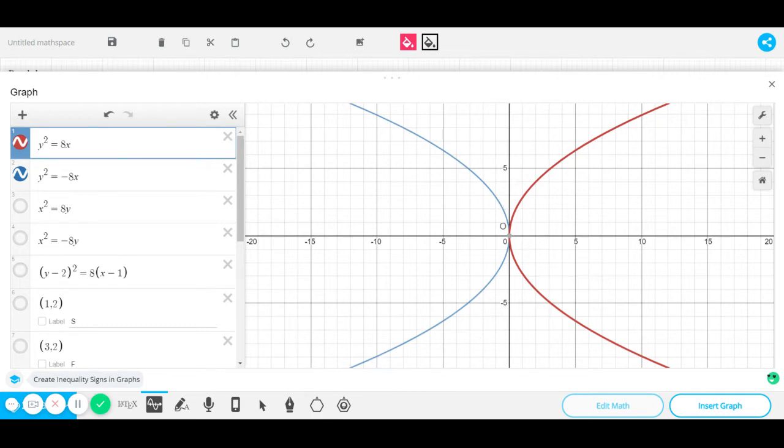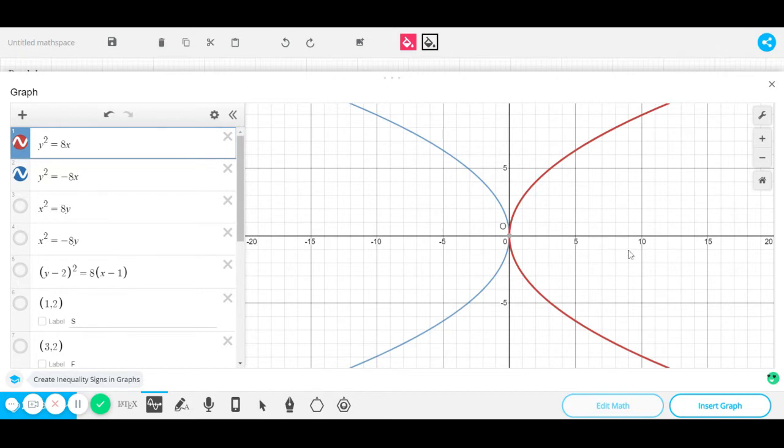So in the first example, y squared equals 8x, we see that the parabola extends towards the positive sense of the abscissa. And the abscissa would be an axis of symmetry in this case, only in this case.